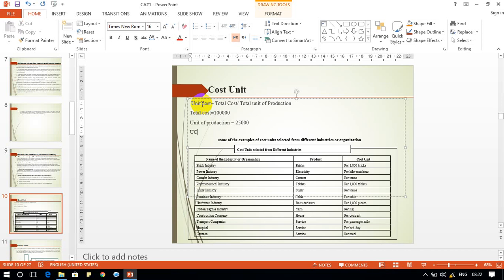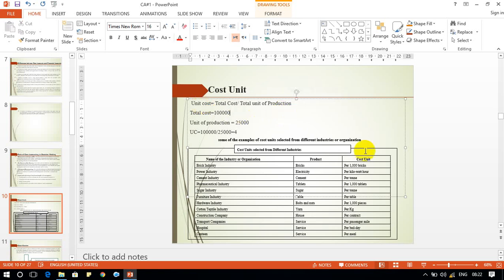We write the formula as UC is equal to total cost. Total cost is 1 lakh, divided by 25,000, which is equal to 4. So the unit cost is 4. That is how we find the unit cost.